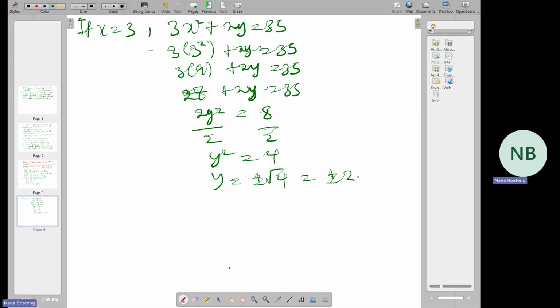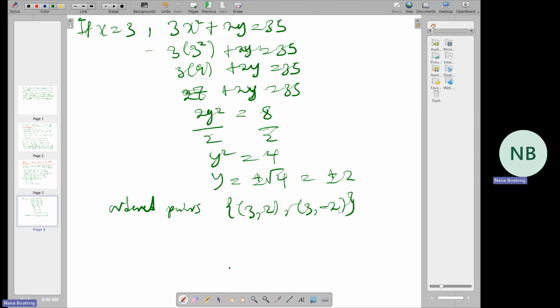So that means when x is equal to 3, we have the pairs 3 and y is 2, and also 3 again, and y is -2. This is the solution we get for x is equal to 3.